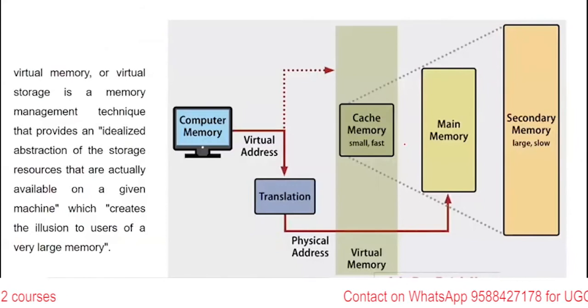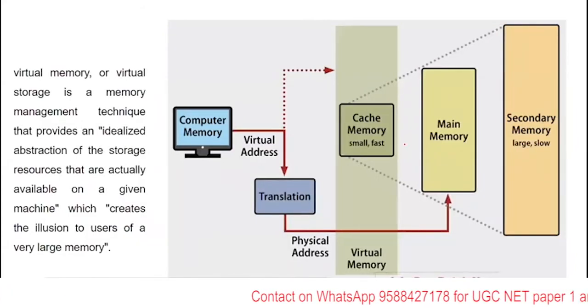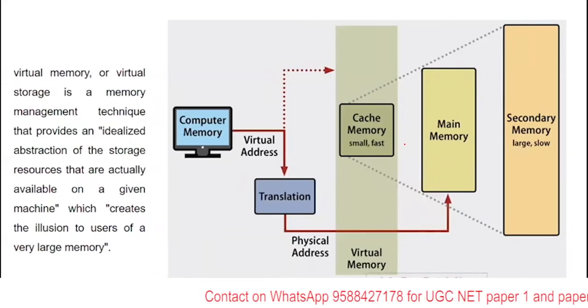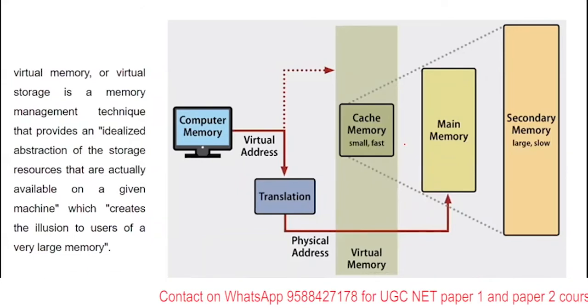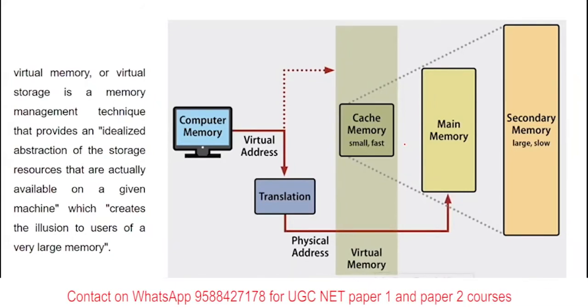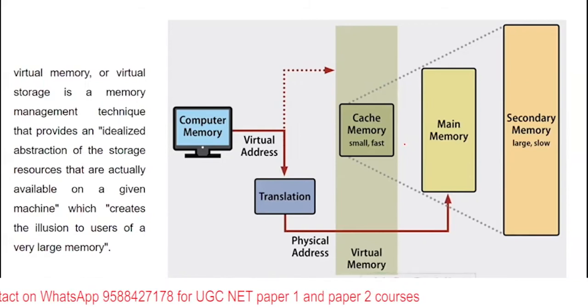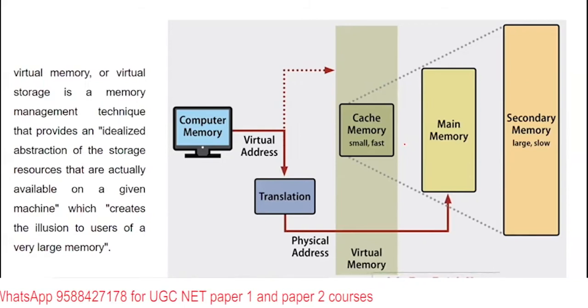Now, apart from this, there is virtual memory, also called virtual storage, which is a memory management technique that provides an idealized abstraction of the storage resources that are actually available on a given machine. It creates an illusion for users of a very large memory.